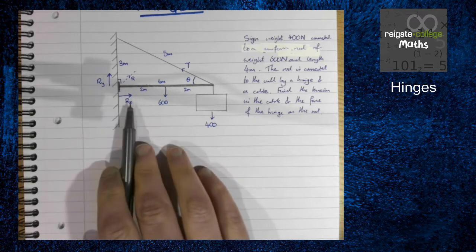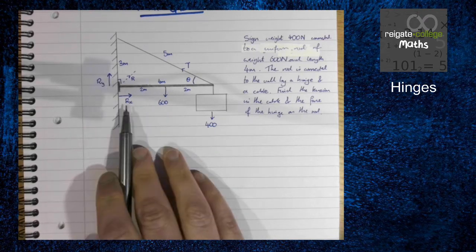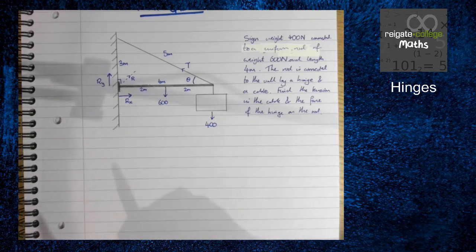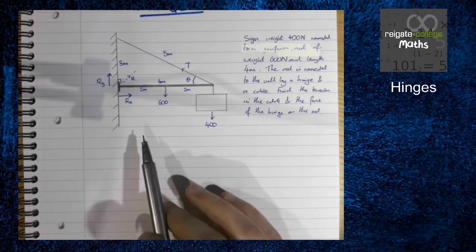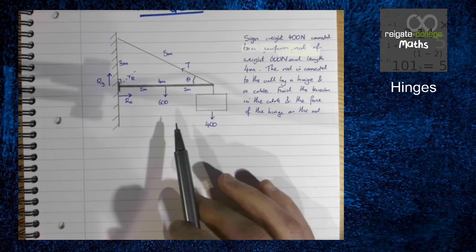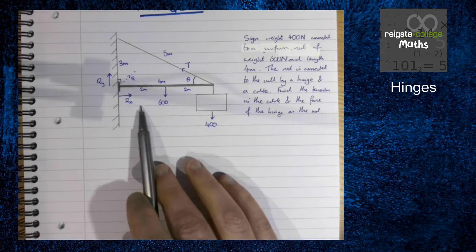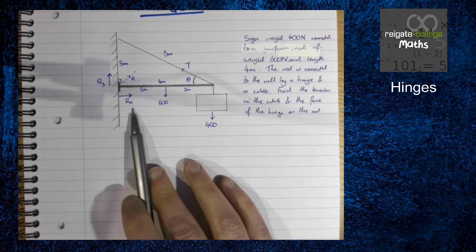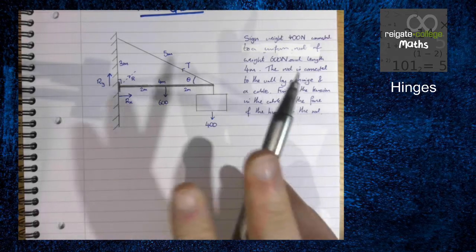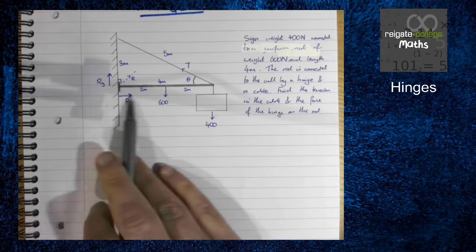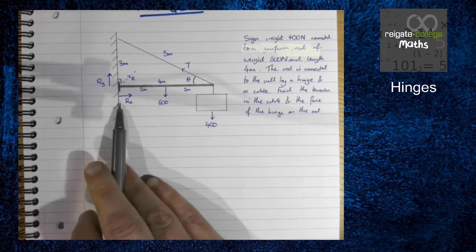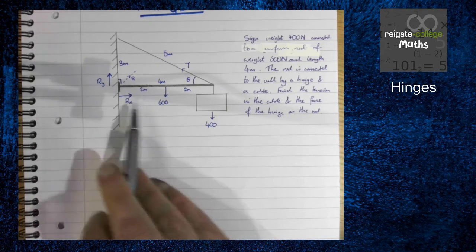With these two forces, I've put them this way round, which is fine, but if you drew them the other way, that would also be alright. All that would happen is your final value would be negative if you put the arrow in the wrong way. So as long as you've got one going horizontally and one vertically, the direction doesn't hugely matter.